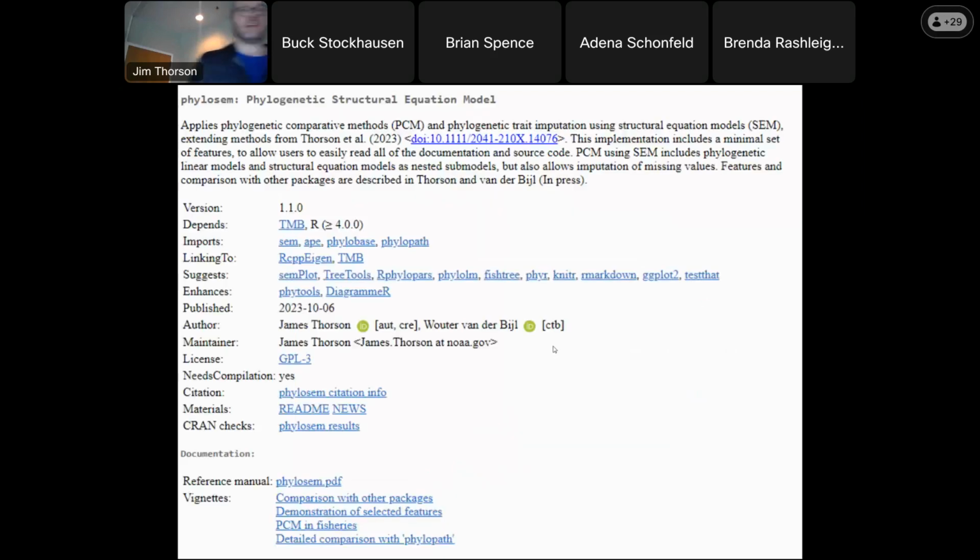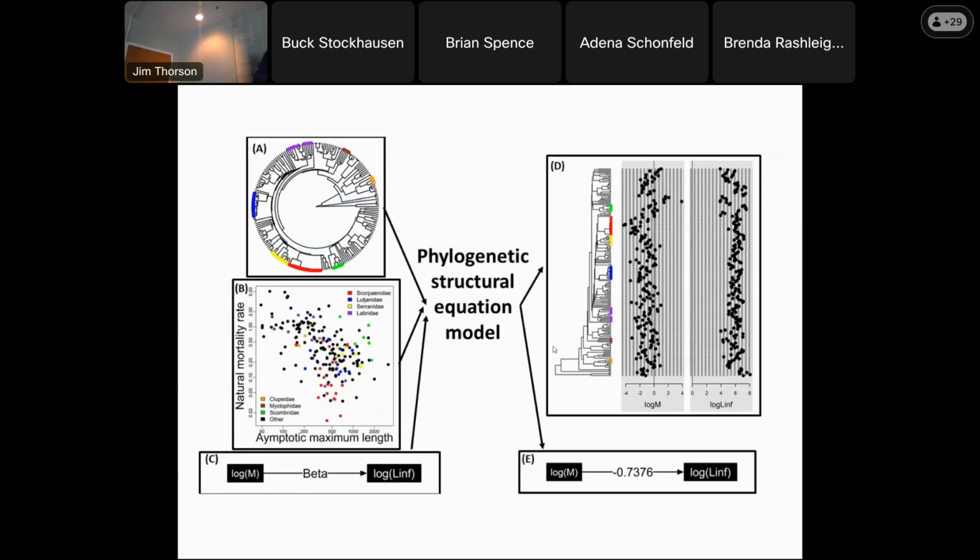The package is up on CRAN, as shown by this wonderful CRAN page that all packages have. Basically, the schematic is, you have to give it a phylogeny. In this case, this is the FinFish database, and these are subsetted from Fish Tree, which is the rotl tree that's also on CRAN.